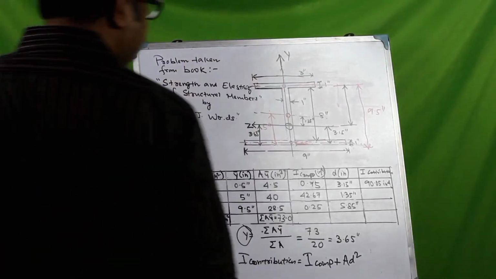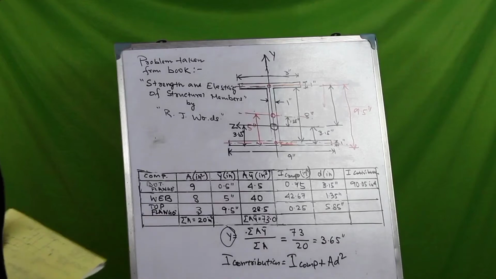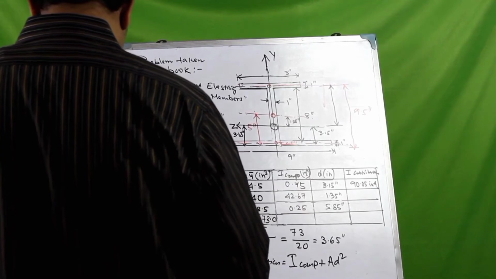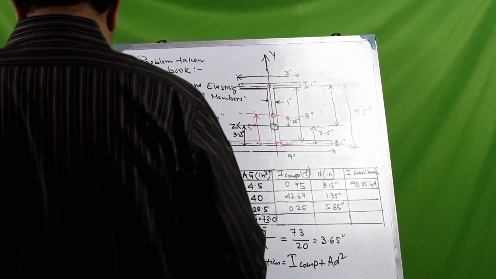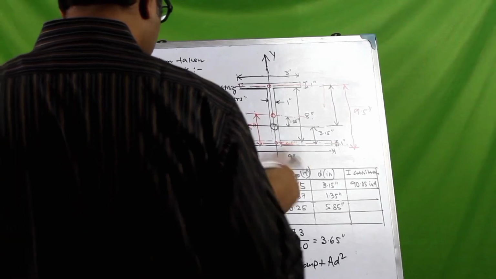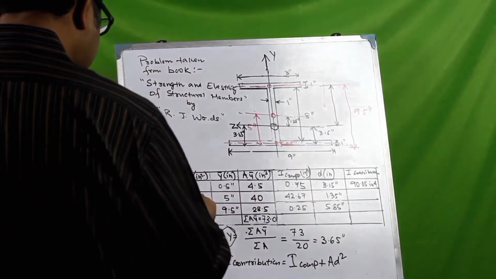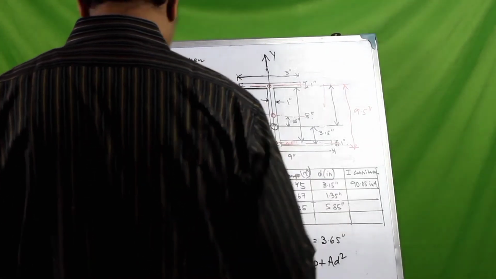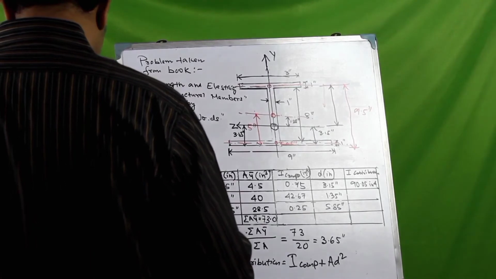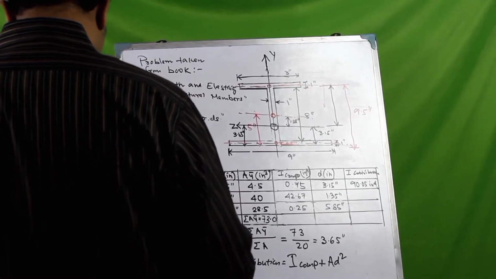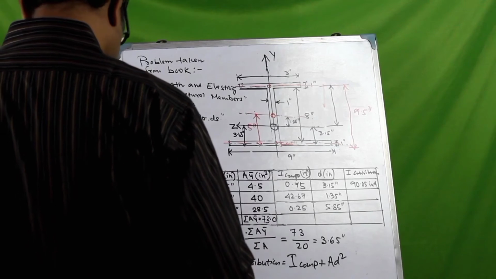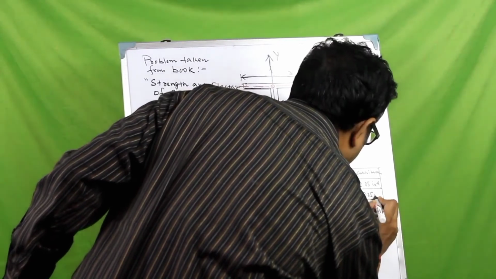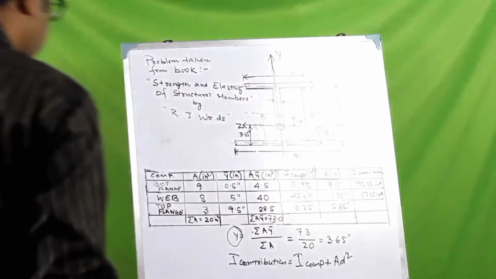What would be the distance for the web? So the moment of inertia of the component is 42.67. So we add that with A into d square. What is A? For this, A is 8 into, what is d? d is 1.35. So 1.35 squared. That is 57.25 inch to the power 4.